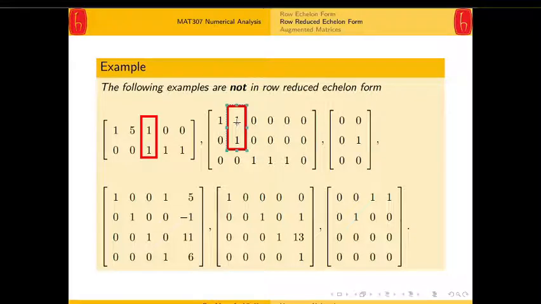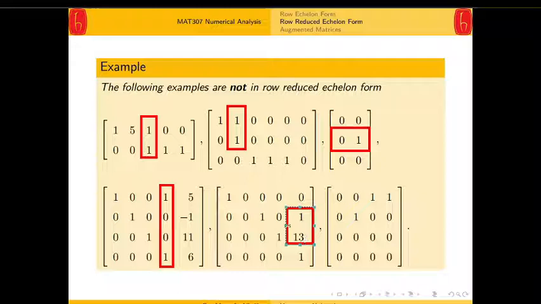And here it is not even echelon form, because we have zero rows here and zero rows have to be at the bottom. Again, the leading entry is not the only non-zero entry in its column.